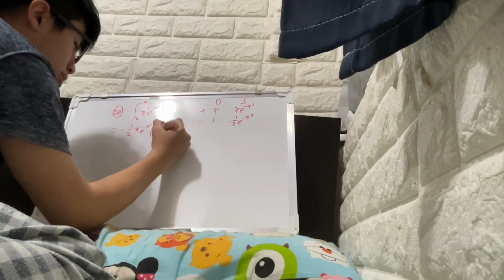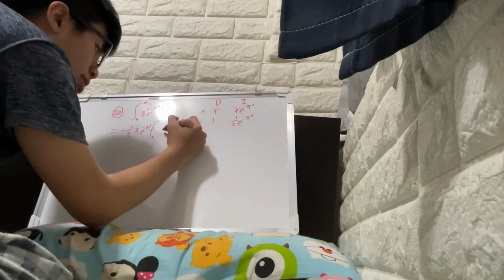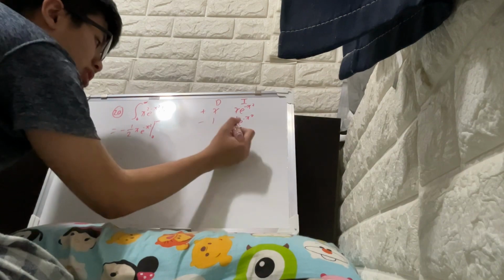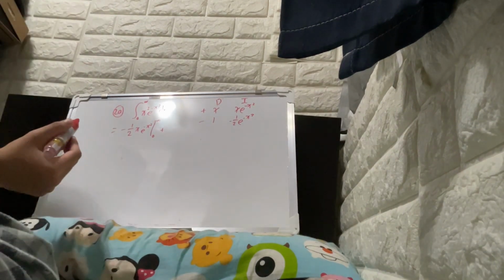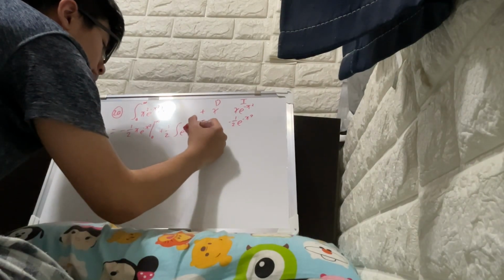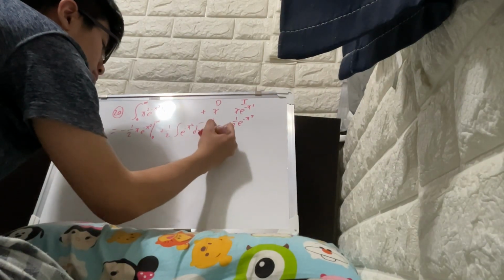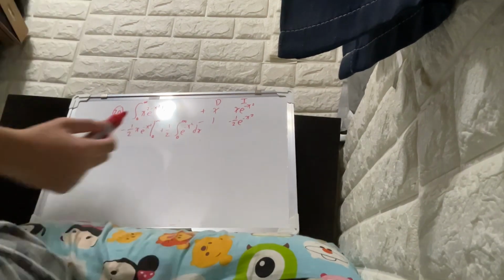You're going to put 0 and infinity inside, and then we minus, which becomes plus, 1/2 e to the power of negative x squared, from 0 to infinity.